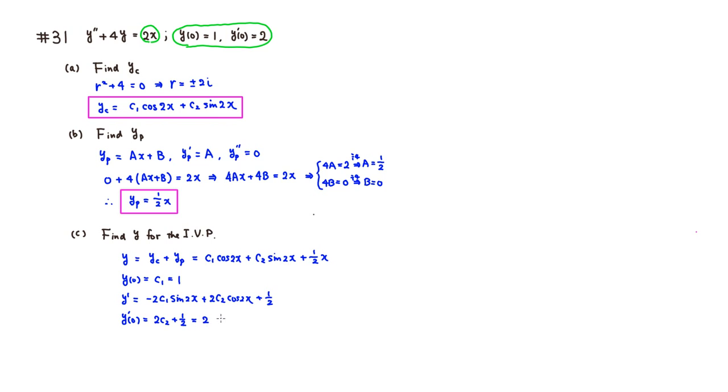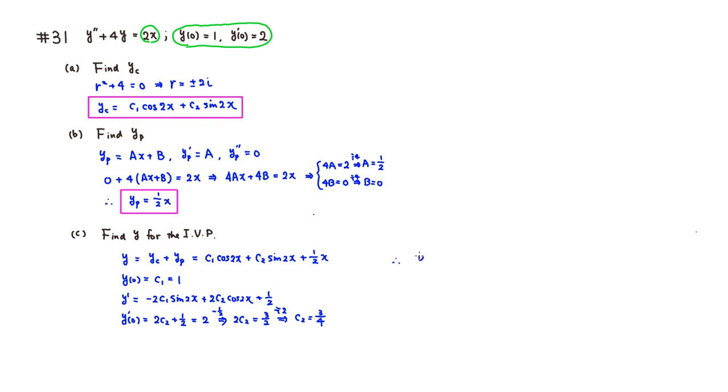First, I'm going to subtract 1/2 from both sides. You have 2C2 is equal to 2 minus 1/2, which is 3/2. Then I'm going to divide through by 2 to get the C2 value of 3/4. So therefore we have a complete solution.